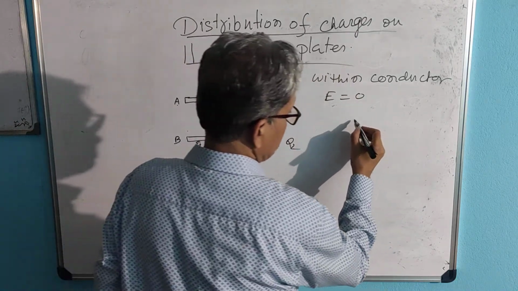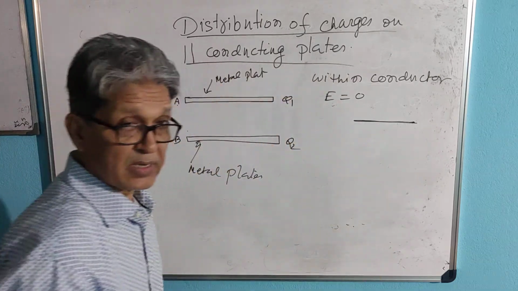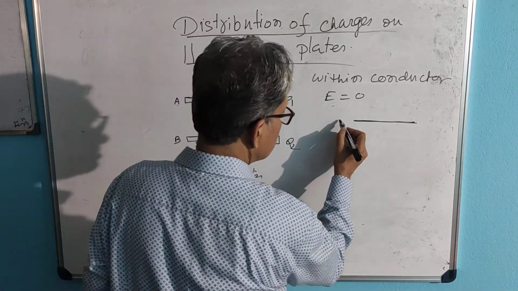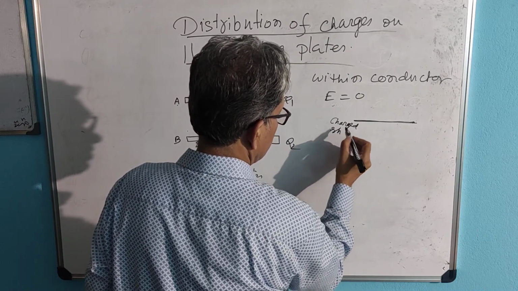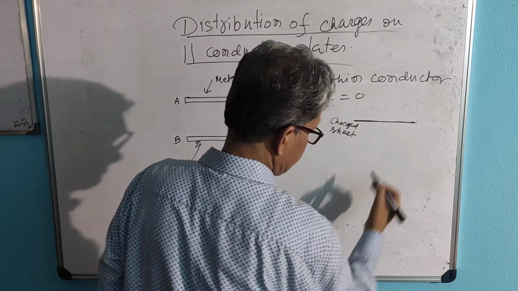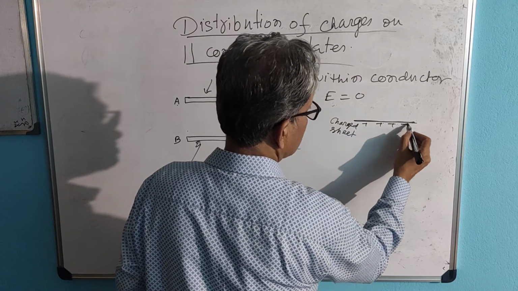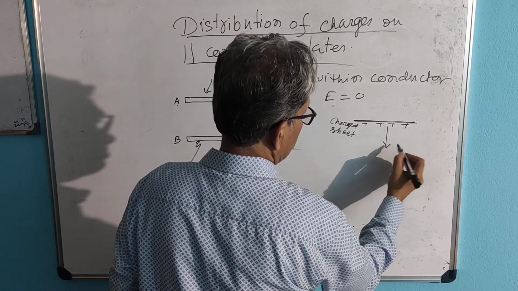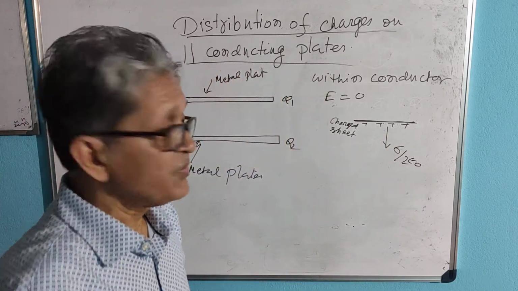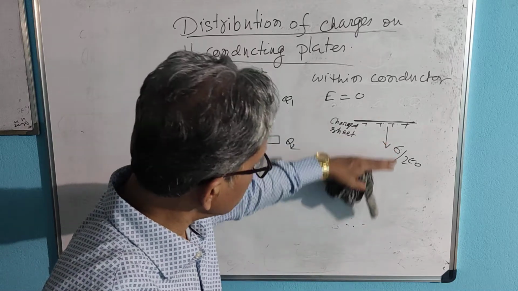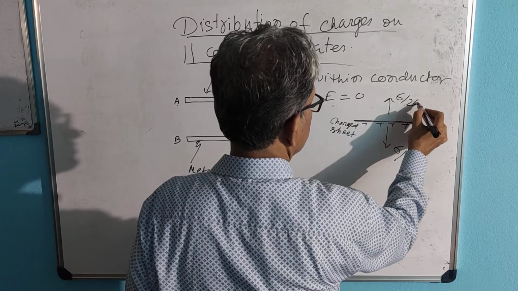Another idea we have gained during theoretical discussion: if it is a charged sheet with surface density of charge sigma, then it will have electric field intensity sigma by 2 epsilon 0 on this side, and also sigma by 2 epsilon 0 on this side.